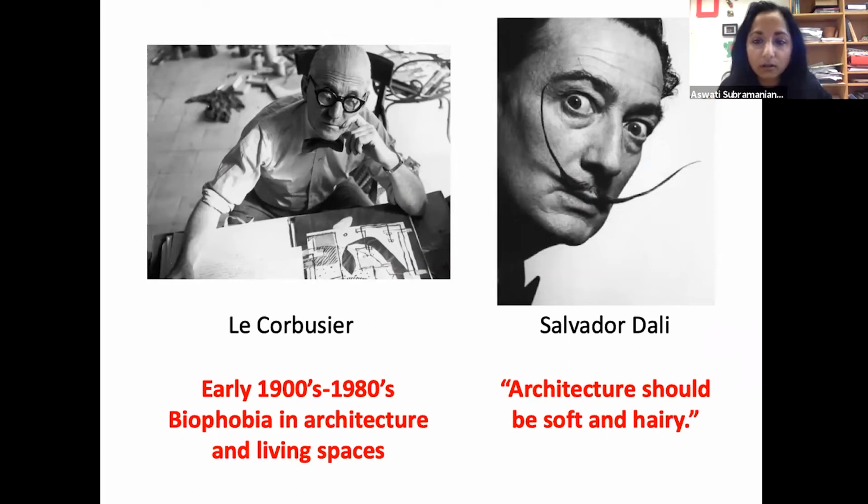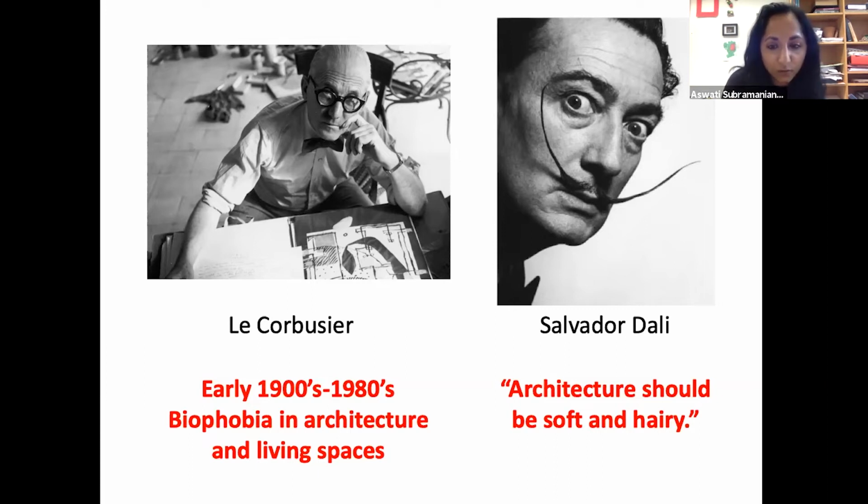Somehow, though, along the way, as we started getting into the Industrial Revolution, into the modern era of art and architecture, we sort of lost our bearing with respect to integration with nature. And so here you have two very different thinkers on the screen.